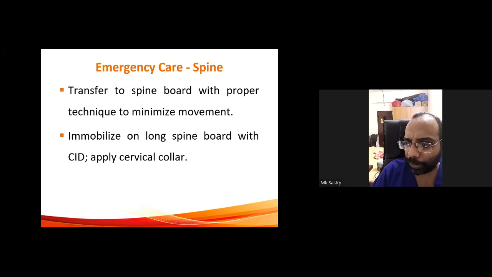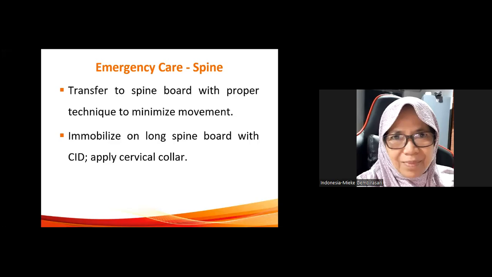Immobilize on a long spine board with cervical immobilization applied. Apply cervical collars. Right? Yeah. Next.